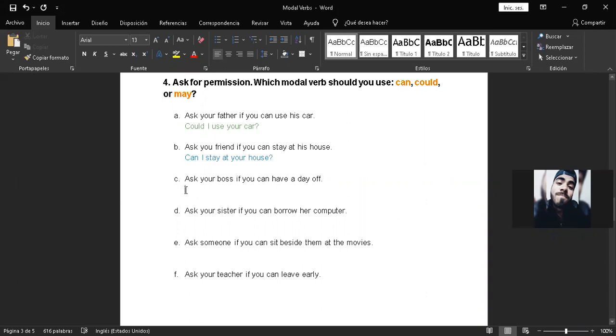Number 3, the context says, ask your boss if you can have a day off. How will you ask? What would you use, can, could, or may? May. May I. You're talking about yourself.